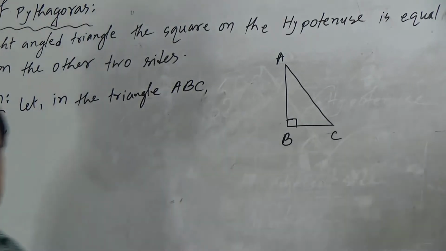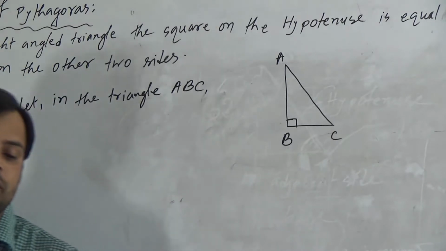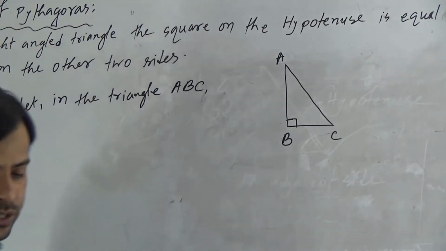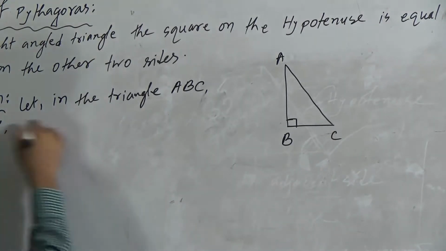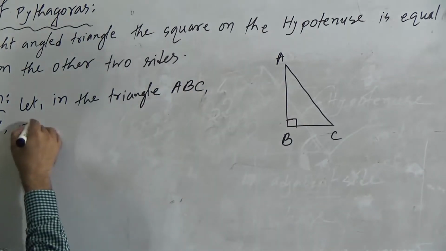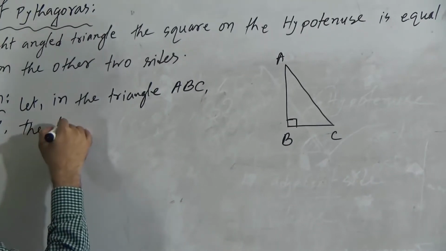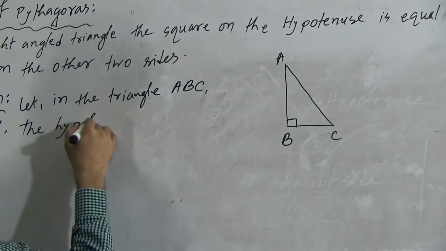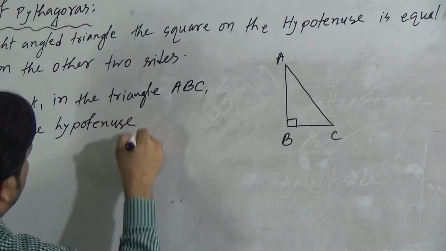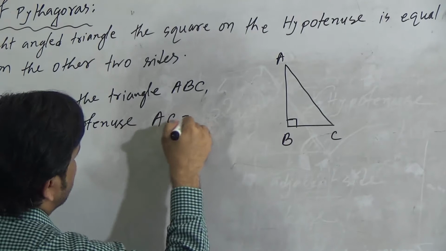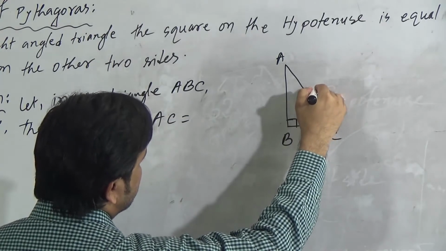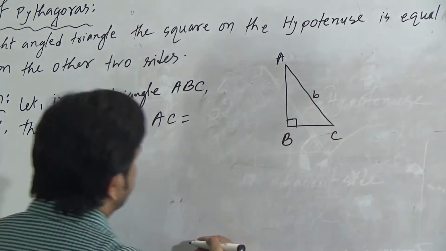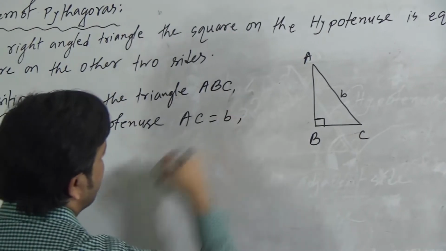The hypotenuse AC, we are considering AC is equal to b.